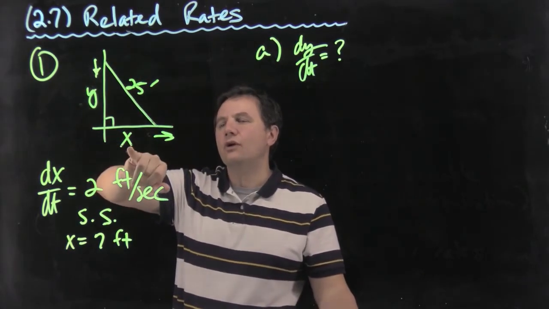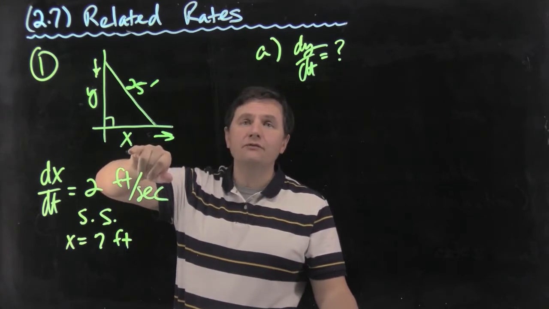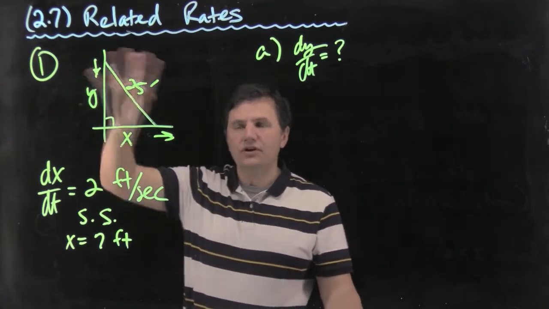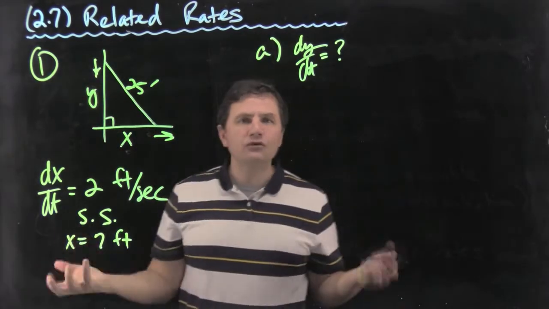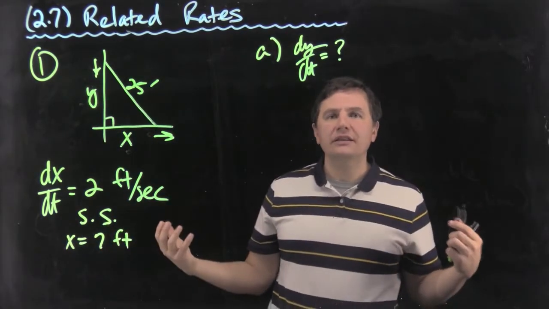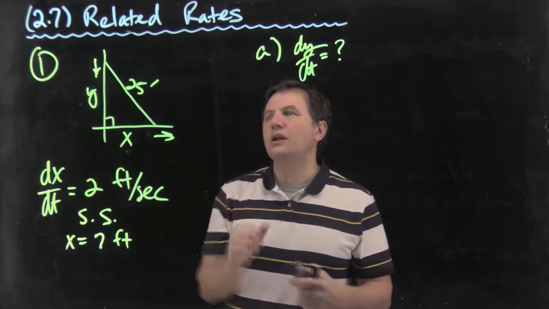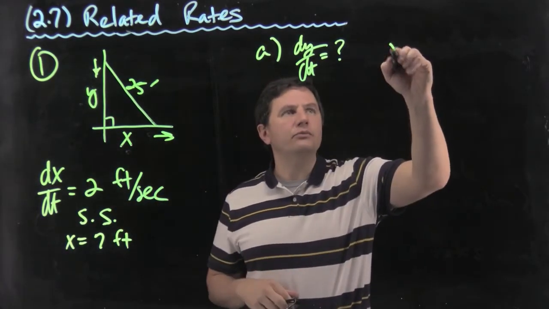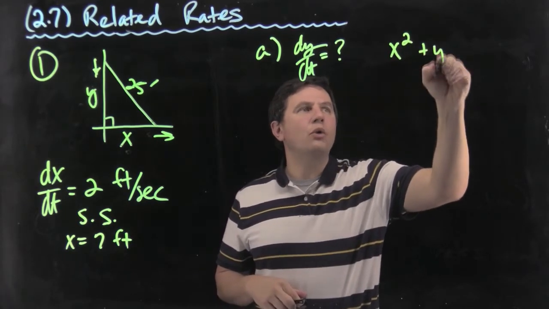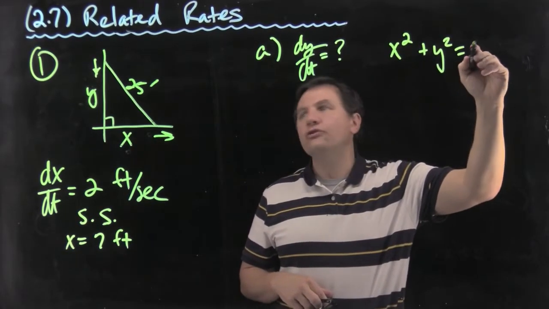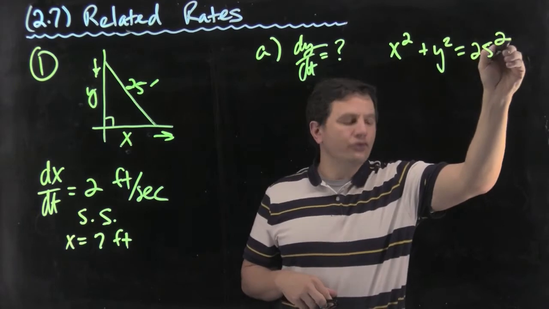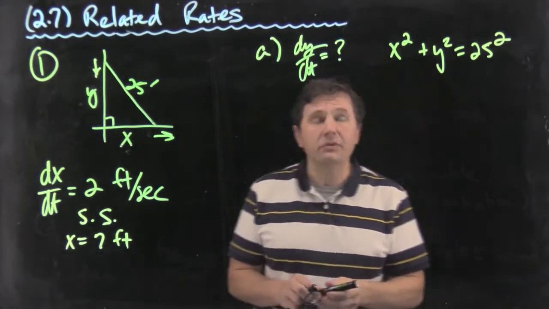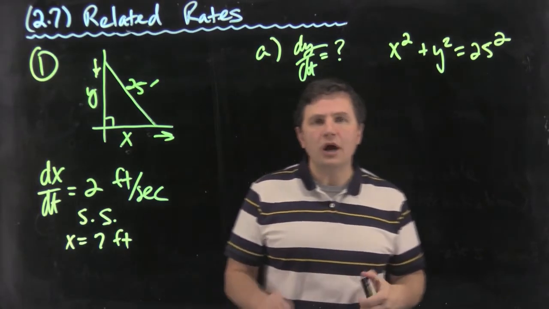They're giving me information about x and dx over dt, and they're asking a question about dy over dt, so I want to link them. Whatever geometry formula is going to link them is what we want to use. Since we're talking about a right triangle, we're going to link these using the Pythagorean theorem. So I'm going to say x squared plus y squared is equal to 25 squared. This is definitely an open calculator problem, but really just for the arithmetic here. So that's step 2 done.